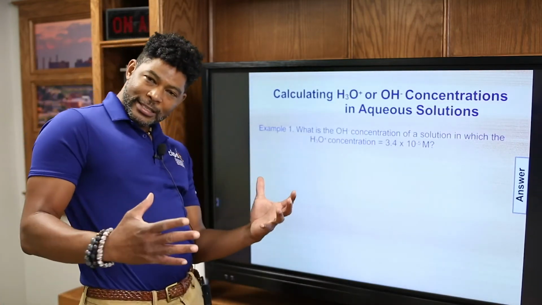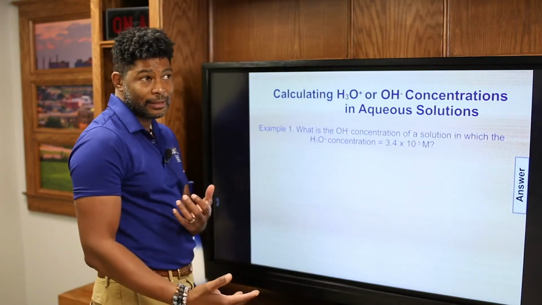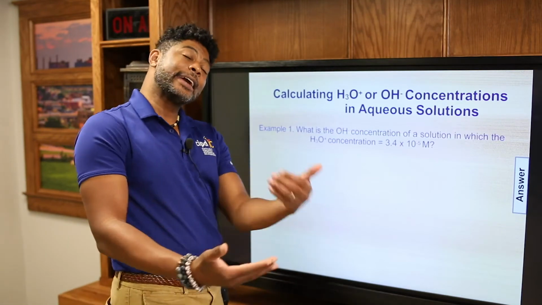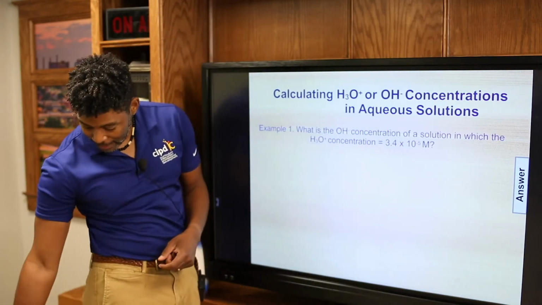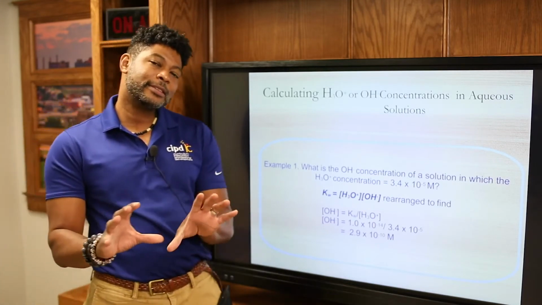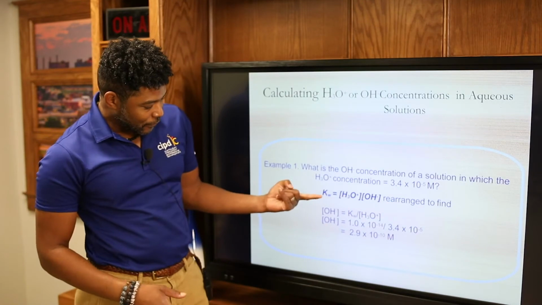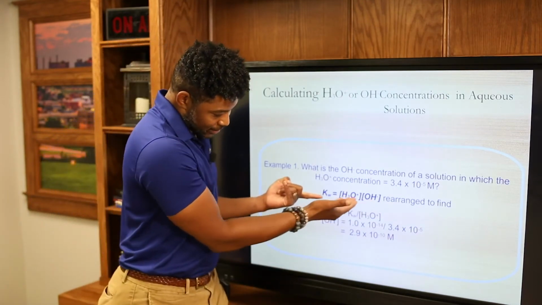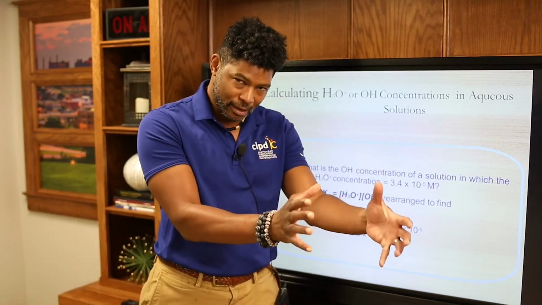All right? Okay, now, let's look at one of our problems. So, for example, if I know one side of this, which would be like the OH side, I could calculate the H plus side. Here's how. And this is kind of, again, where this algebra comes into play. If you recall from algebra, if you have something on one side of the equation and you divide it by both sides, you can technically move a number over.